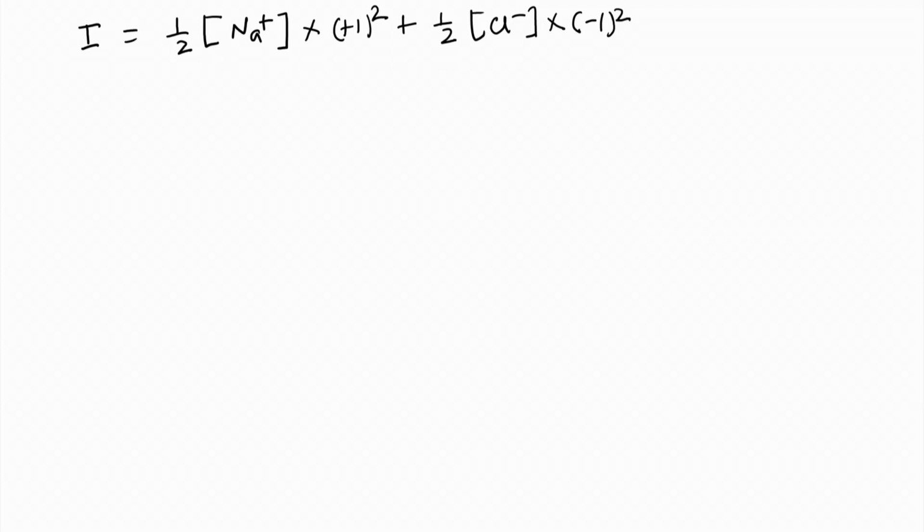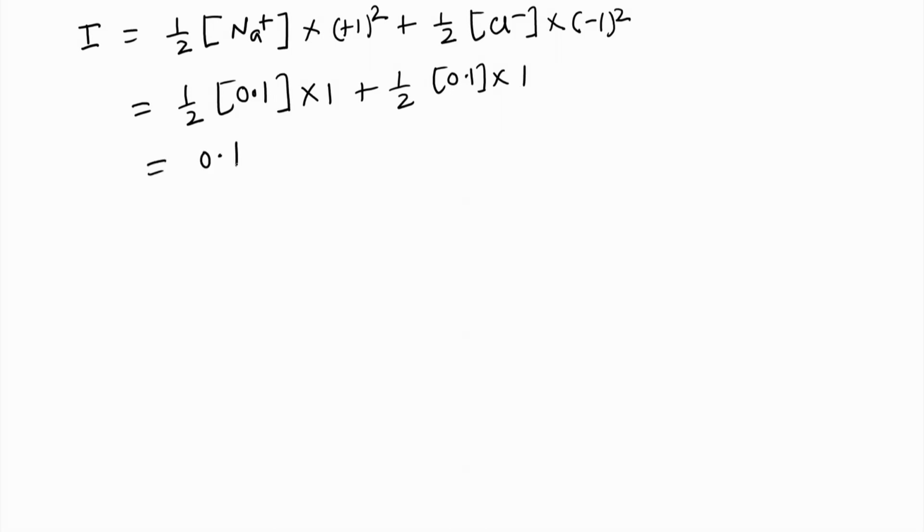So, half times 0.1 times 1 plus half times 0.1 times 1 gives you 0.1. This is the ionic strength of the 100 millimolal sodium chloride solution.